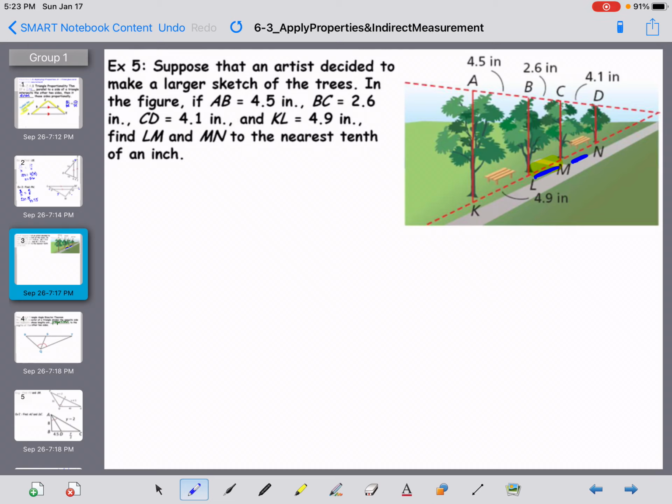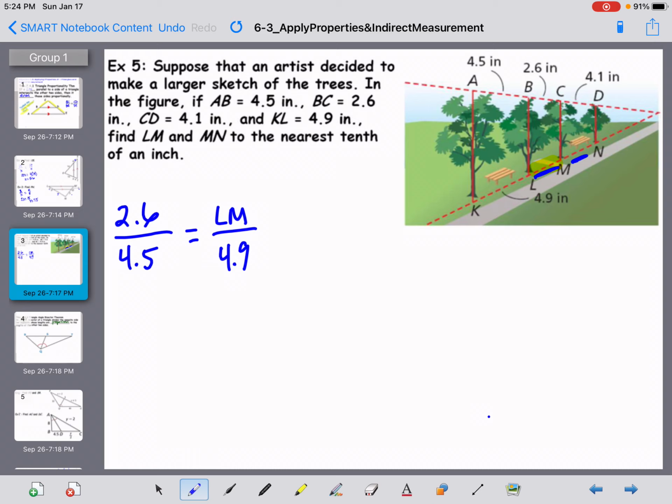So for this problem, and in all of your practical problems, you can just make certain assumptions. The first one being that these trees are parallel to each other. So I'm going to find LM first, and it's going to look like this. 2.6 pairs up with 4.5, just like LM will be with the 4.9.